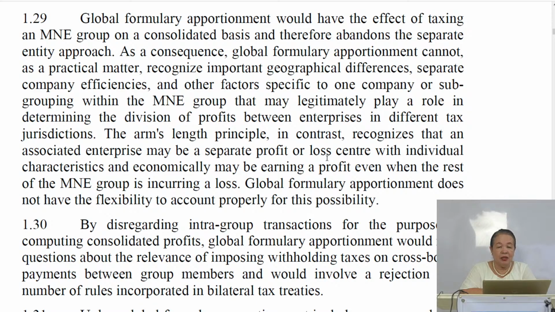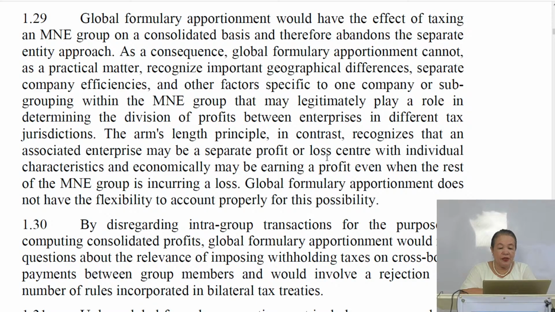ito yung preferred ng mga local taxing authority, the separate entity approach, so that it can be determined how much really profit, how much tax will be paid in a particular entity. No? So as a consequence, global formulary apportionment cannot, as a practical matter, recognize important geographical differences, no?